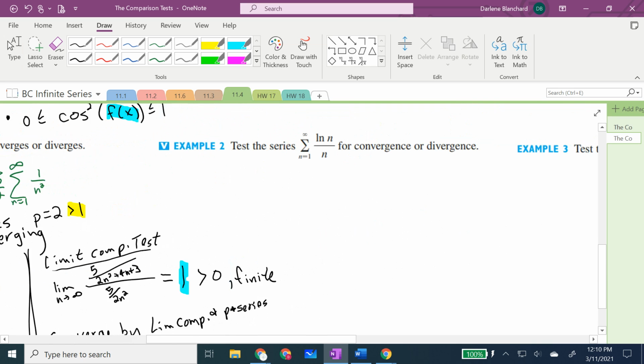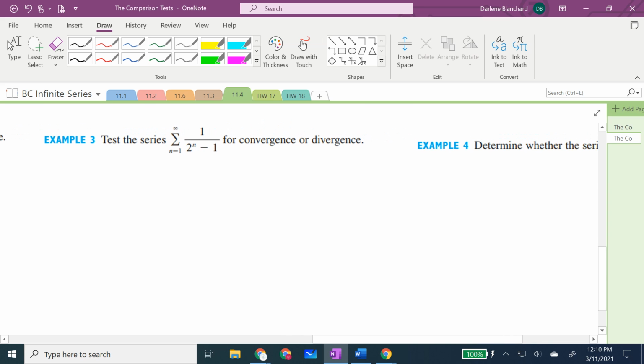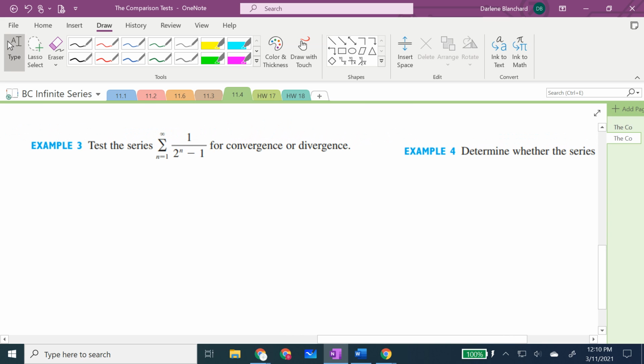I'm now going to move over to example 3, and then I'll go back to example 2. With number 3, what would you choose to compare this to?